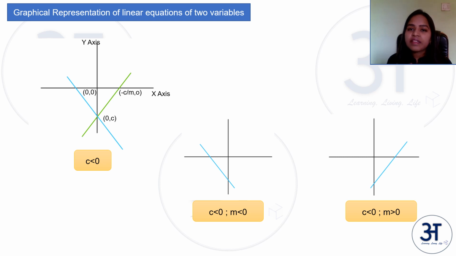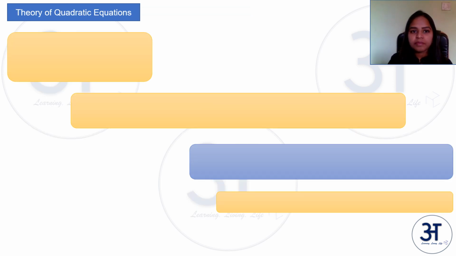Similarly, if m is greater than 0 and c is less than 0, minus c by m will be positive, so it touches the x-axis on the right side. So these are the different lines. Your fallback method is always to take 2 points and draw a line, but you can keep this in mind so that you can quickly understand, looking at the equation of the form y equal to mx plus c, how the line comes, right?